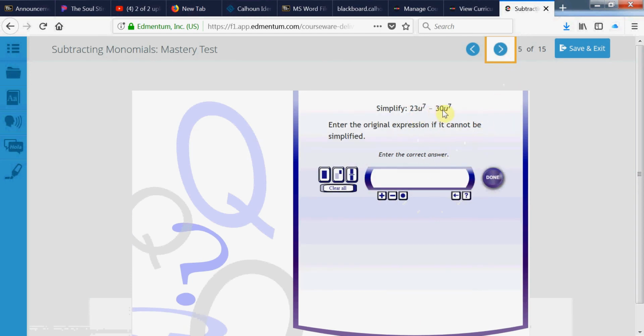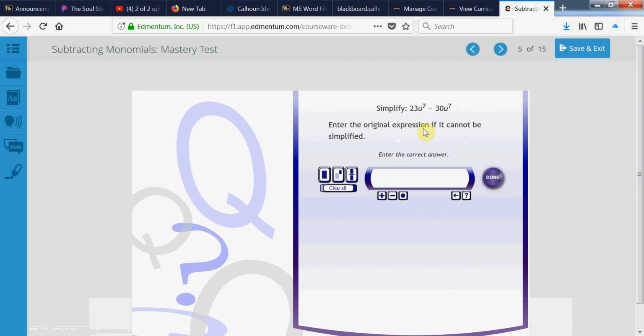23u to the 7th minus 30u to the 7th. They're in both expressions, so they're like terms. So we subtract. Make sure you look at my video on adding and subtracting signed numbers to be able to deal with the 23 and the negative 30. Here, these two numbers have different signs.